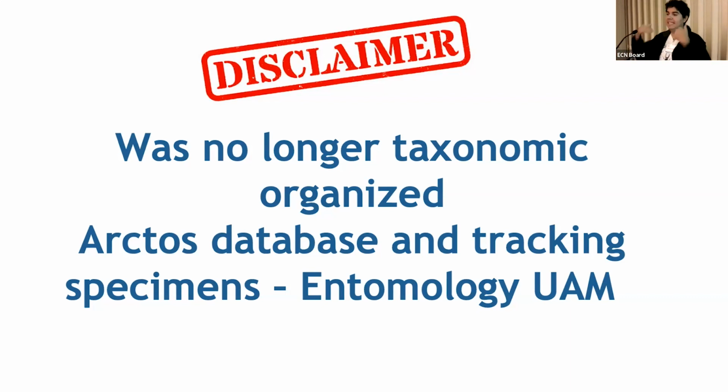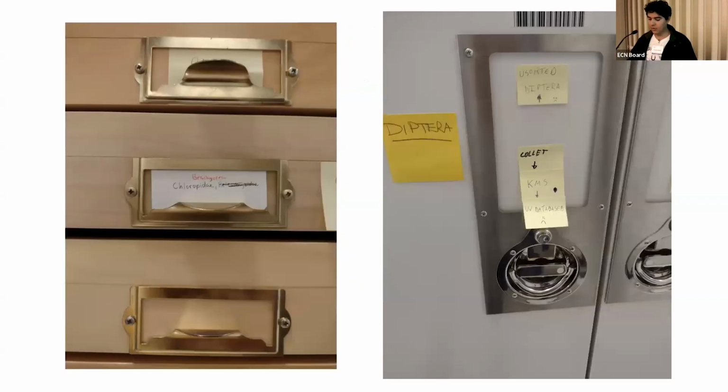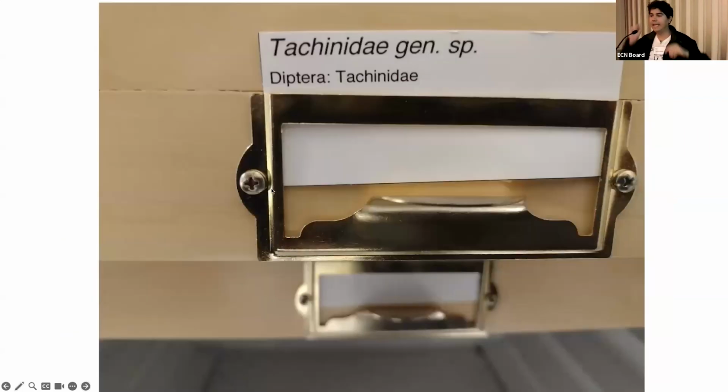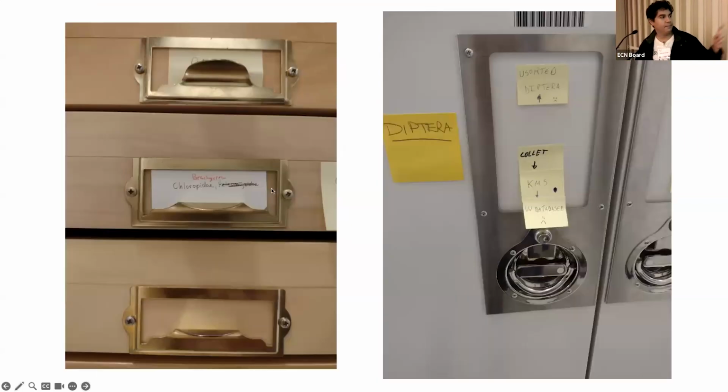For a taxonomist in the group, when I got there, oh my gosh, it was hard to find families and groups. So we needed to fix that. When I got there, this is the way the drawers were labeled. There's a handwritten name, and then sometimes they changed the family, so they raised it.